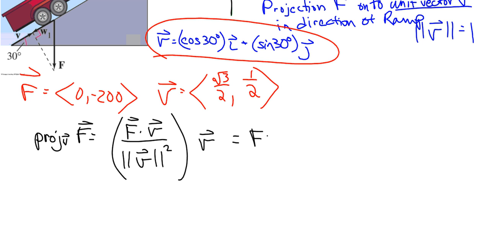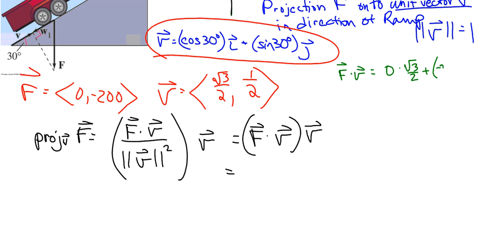So this is really F dot V times vector V. And I'll go to a different color, and I'll just write up here. F dot V is going to be what times what? 0 times the square root of 3 over 2 is 0.